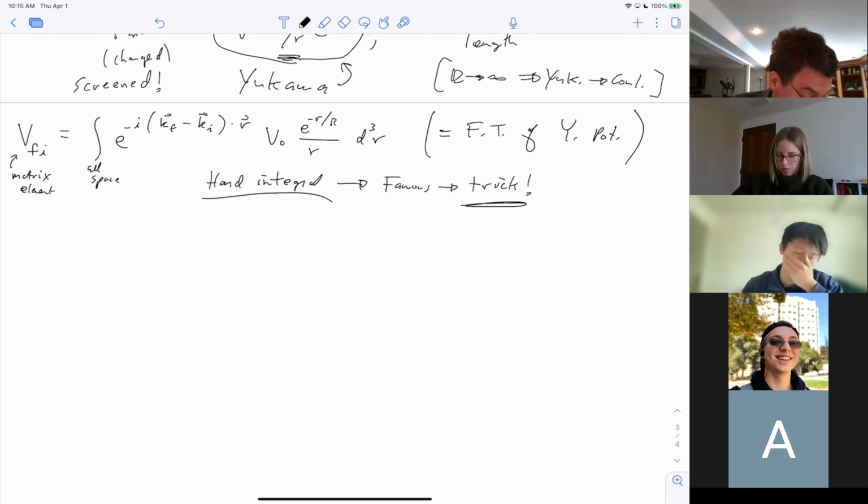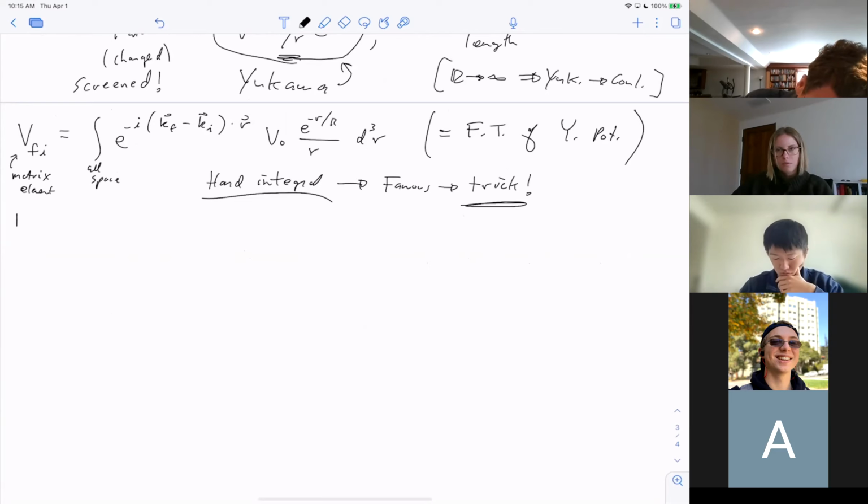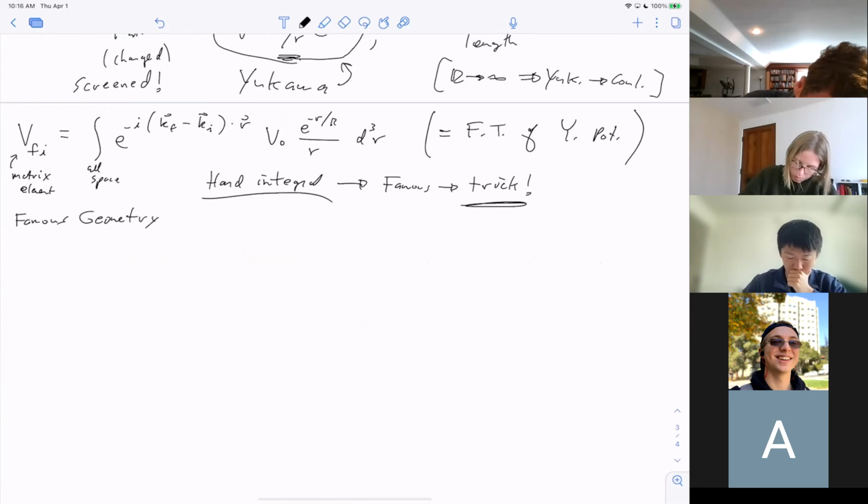There's a famous way to set it up, a famous geometry. So let's set up the scattering geometry.